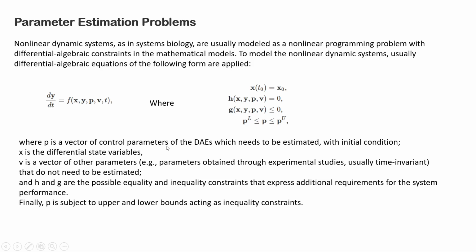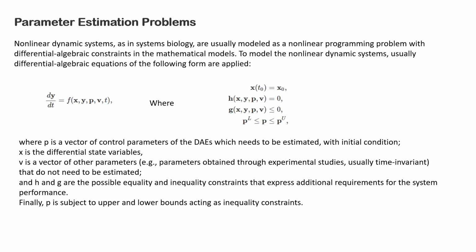X will be the differential state variables, the variables that describe the different states of the particular system, and V will be a vector of the other parameters, which are usually obtained through experimental studies and which will remain constant throughout your model, and will not need to be estimated because you already know what those values are.